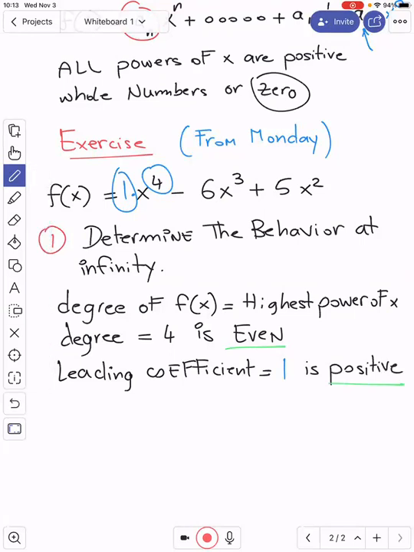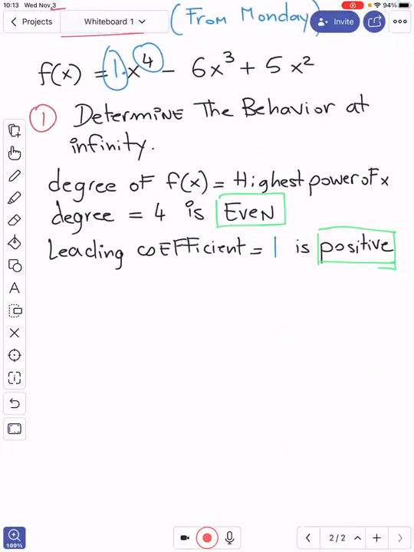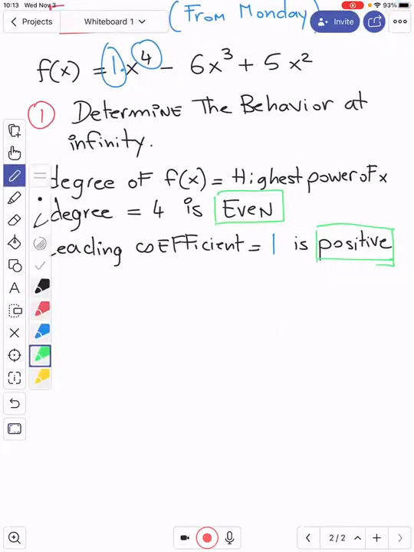Okay, so we're going to use these two pieces of information, that the degree is even and the leading coefficient is positive, to determine the behavior at infinity. Now what you need to do, guys, is use the following table.